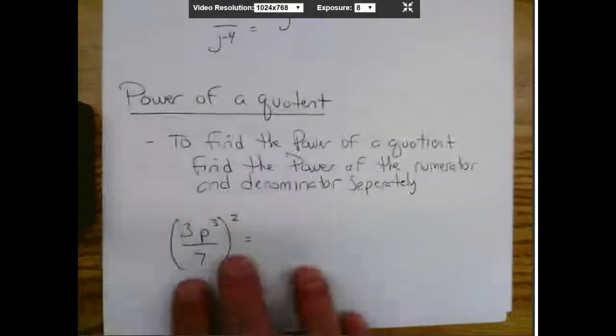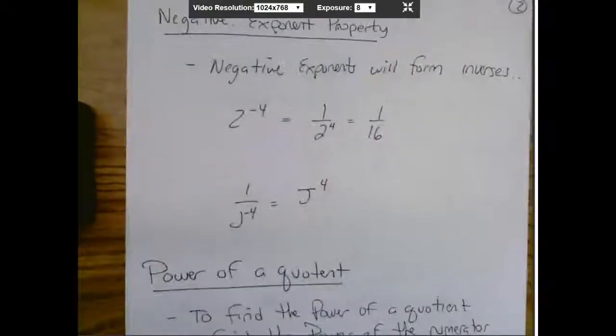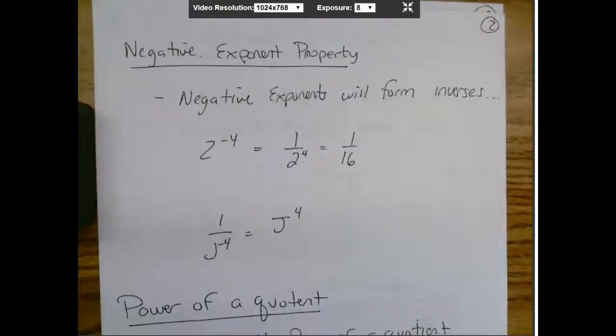And then we have a couple more. We have one called the negative exponent property. And this says negative exponents will form inverses. So here we have something like 2 to the negative fourth. And what that's really telling us is 2 to the negative fourth is then going to be an inverse of 2 to the fourth. So we're just going to put this into fraction form and say 1 over 2 to the fourth.